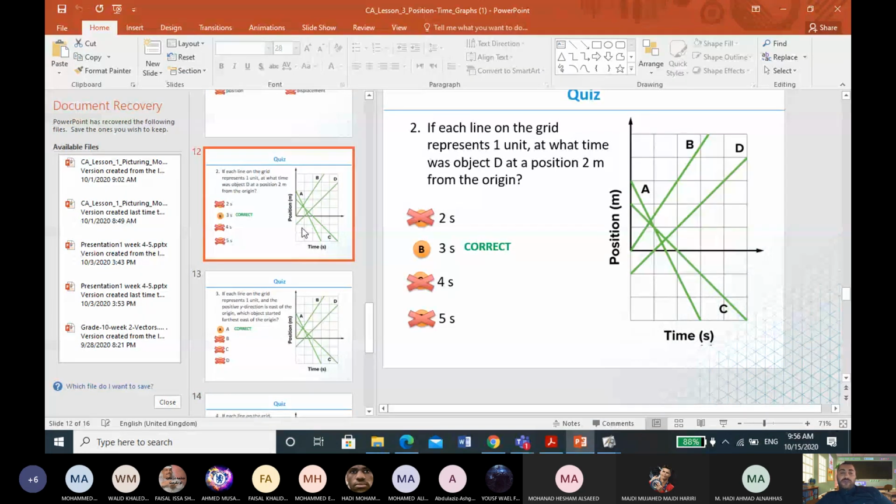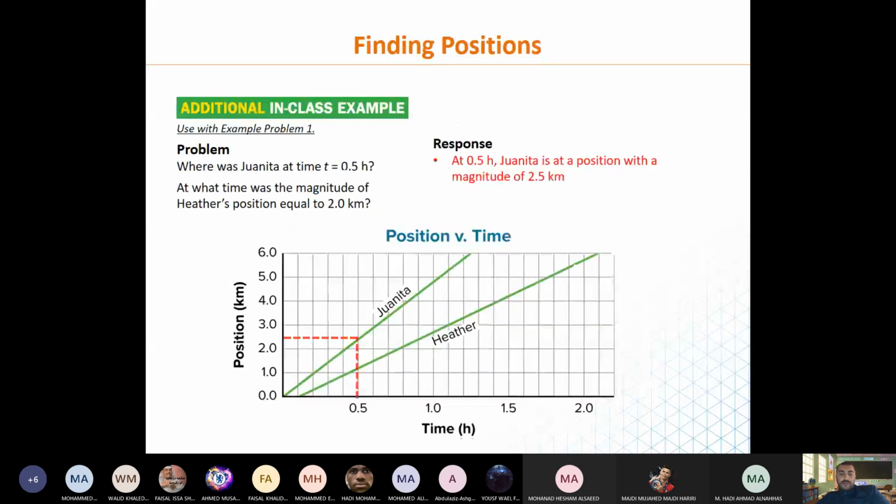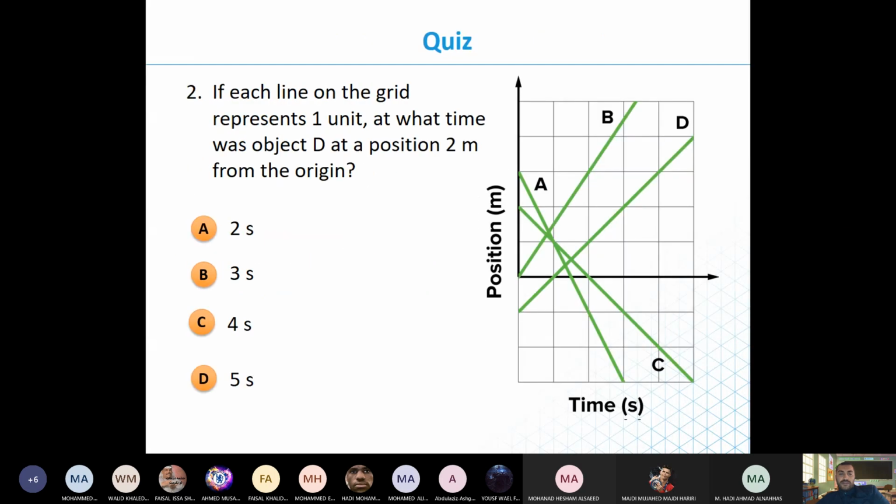Now starting from this one, if each line on the grid represents 1 unit, at what time was object D at position 2 meters from the graph? Who can tell me? First of all, where is object D? This is object D. Let's solve it together, guys.